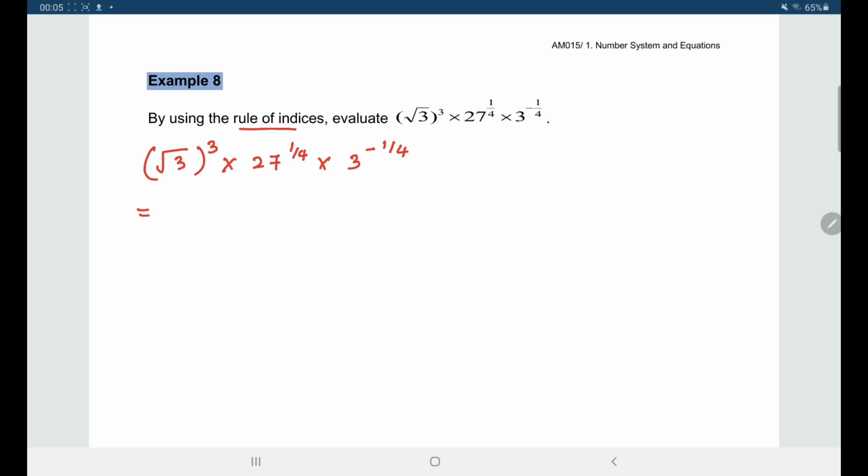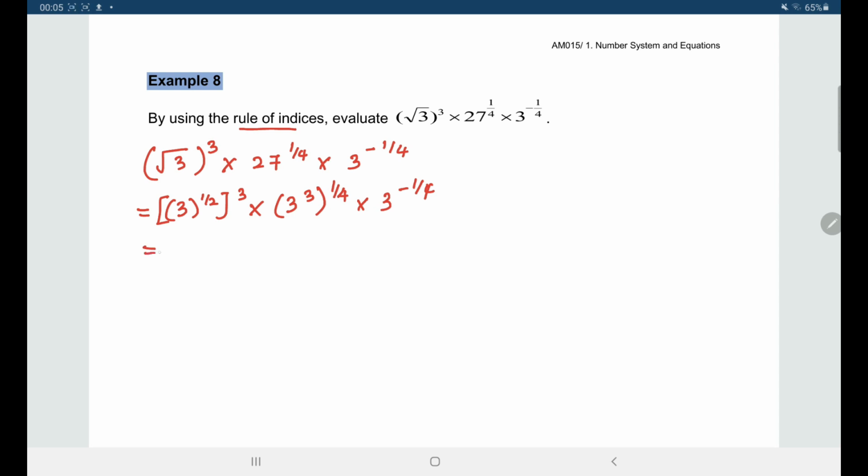change the square root of 3 to 3^(1/2), cubed, times, and then change 27 to the smallest base, so we get (3^3)^(1/4) times 3^(-1/4).